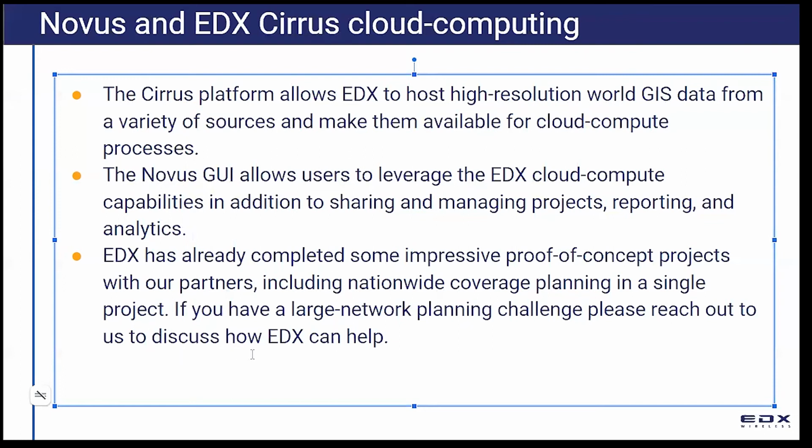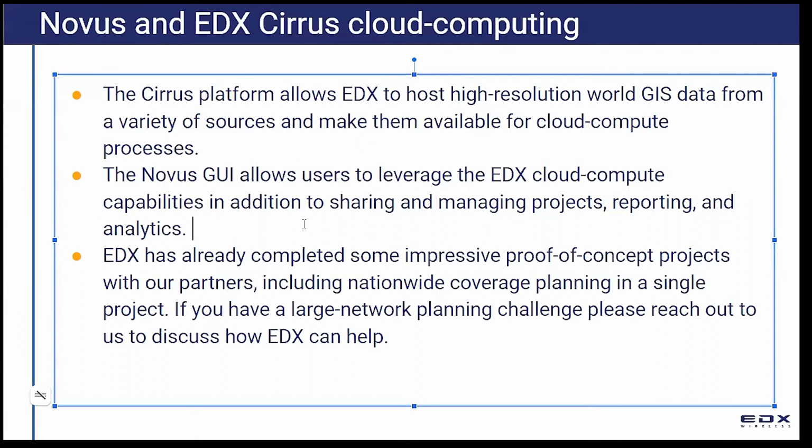And, you know, the Cirrus Cloud Compute platform, it's really not just vaporware at this point. We have done a couple of projects, including a project we did with the TM Forum to show how we could automate fast design and propagation analysis to enable sort of the network adapting to traffic conditions on the fly.